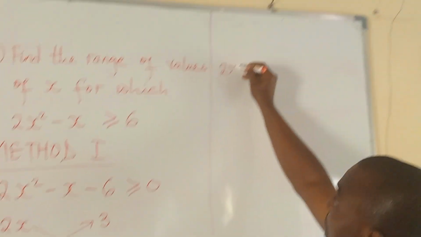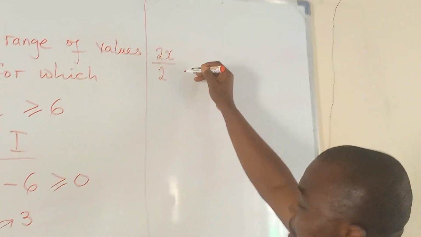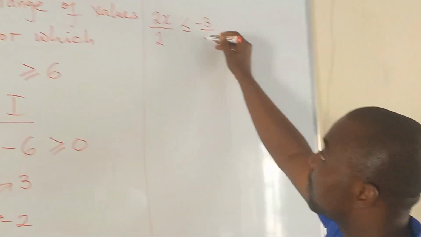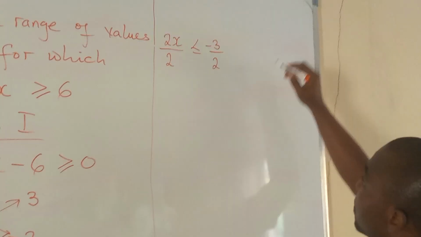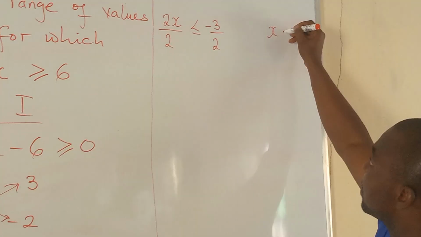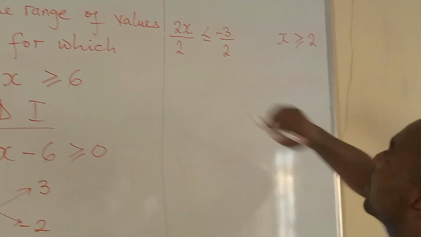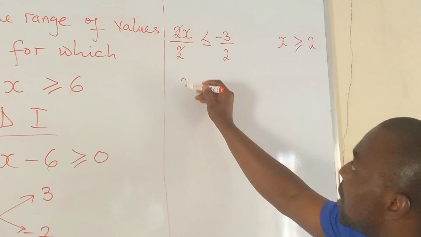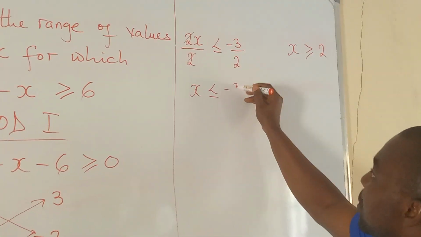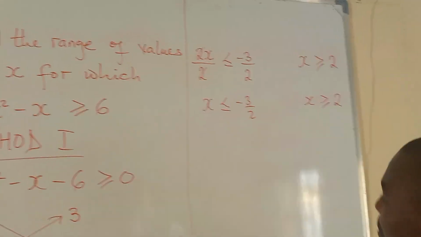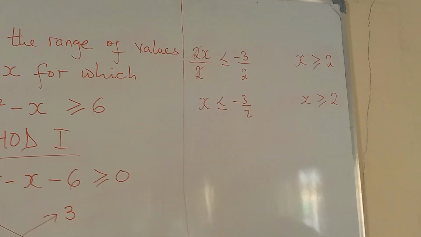That will give us 2x over 2 is less than or equal to minus 3 over 2, while this other side is still x is greater than or equal to 2. These two cancel these two out. x will be less than or equal to minus 3 over 2, x is greater than or equal to 2.